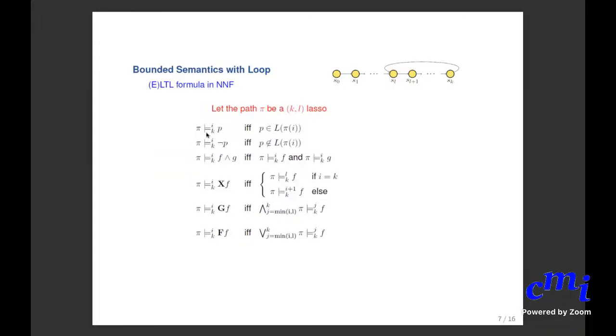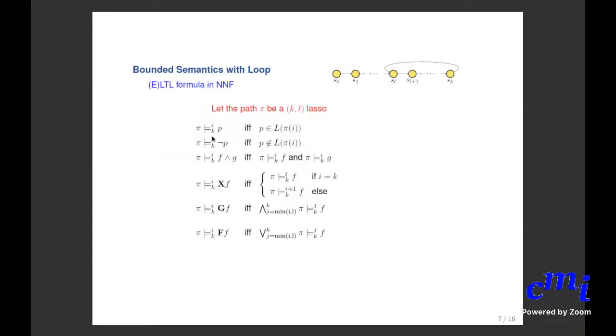And here, since the formula can have nested temporal operators, we define what this notation, pi satisfying ik of an arbitrary LTL formula, denotes: it denotes the satisfaction on the suffix of the k-long prefix of path pi, starting from the ith location of that k-long prefix.